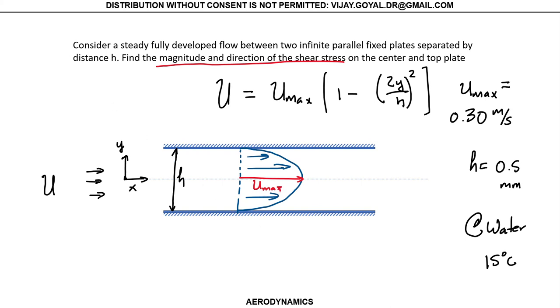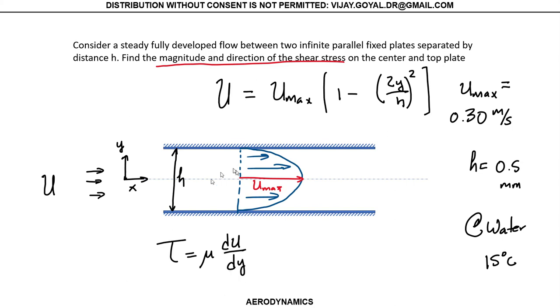Okay, so we are asked to find the magnitude of the shear stress. What we learned in class is that the shear stress is equal to mu times du, the velocity, over dy.